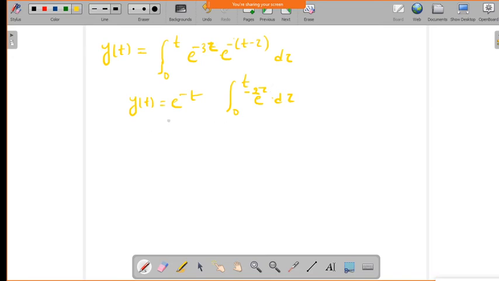This is the expression, and you integrate this one. So, you will get e power minus t, integral from 0 to t of e power minus 2 tau d tau. Now evaluate this integral. This will become e power minus t into e power minus 2 tau divided by minus 2, evaluated from 0 to t.